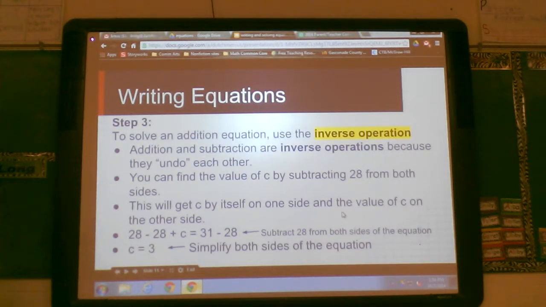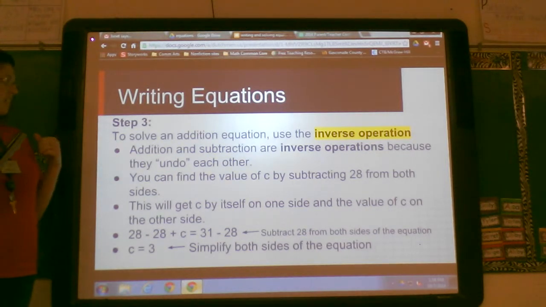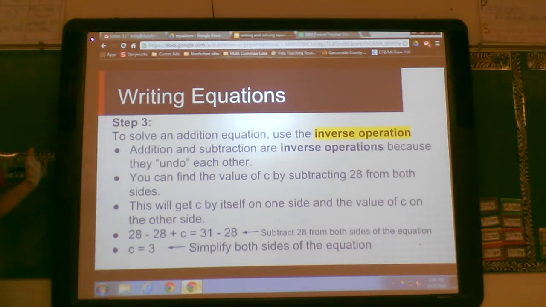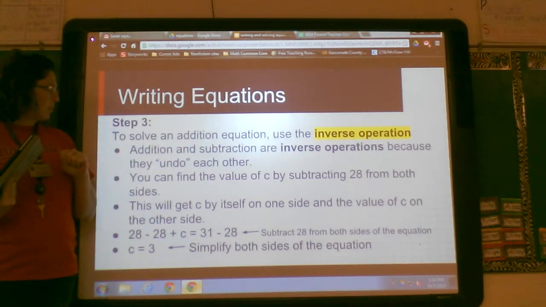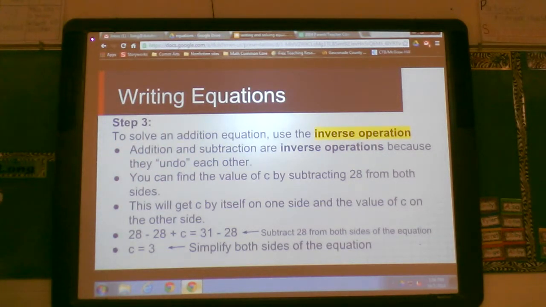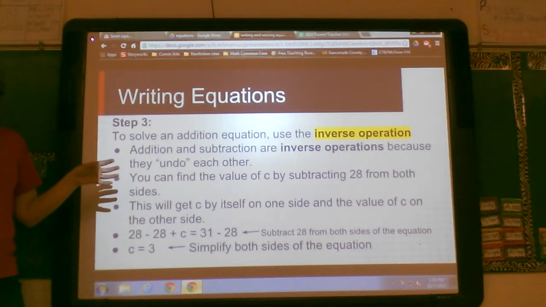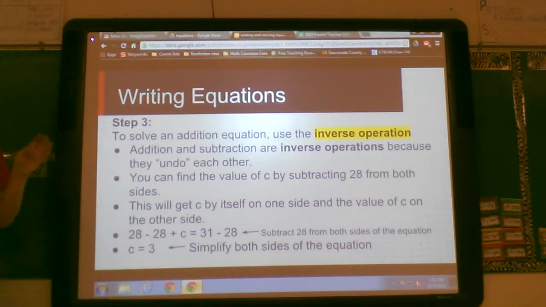Step 3, to solve an addition equation, we have to use our inverse operations. That means the opposite. So the opposite of addition is subtraction. They are inverse operations because they undo each other. So we can find the value of C by subtracting 28 from both sides. This way we get C by itself on one side and the value of C on the other.